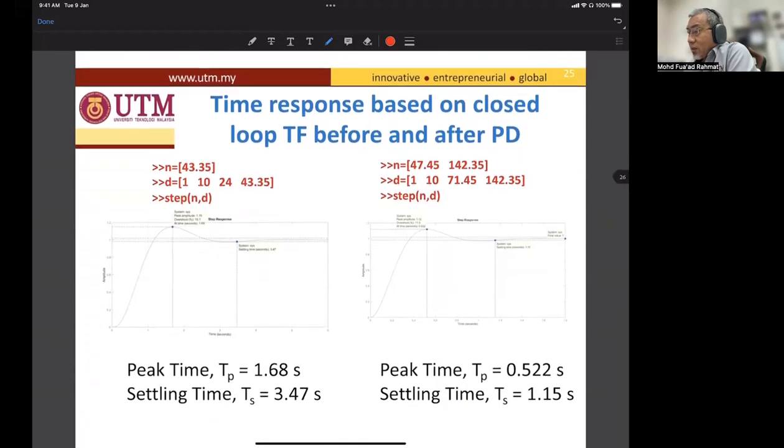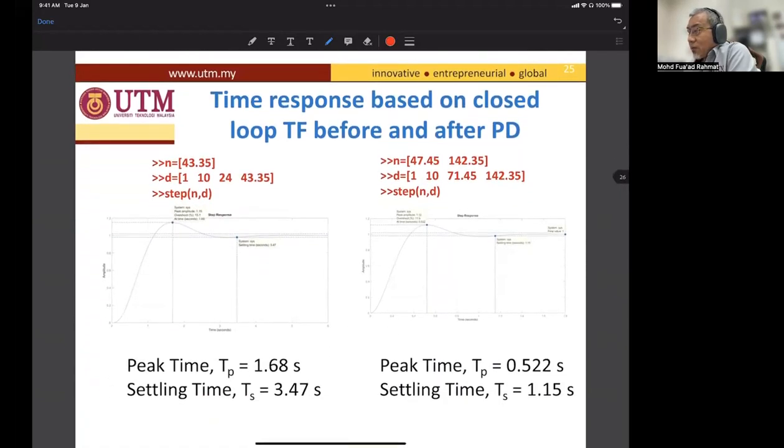When we see the time response before and after the PD controller, you can see that we have improved the transient, from 3.47 to 1.15 settling time, and 1.68 peak time before the compensator, it becomes 0.522 seconds.